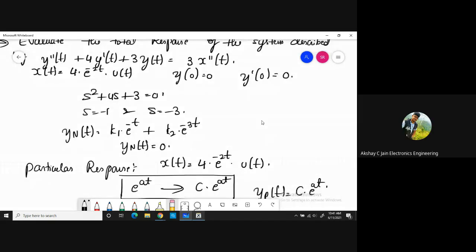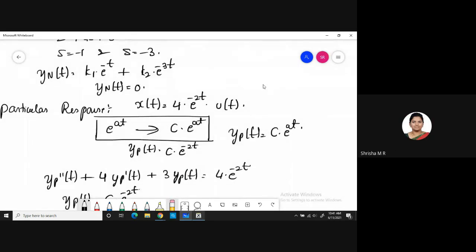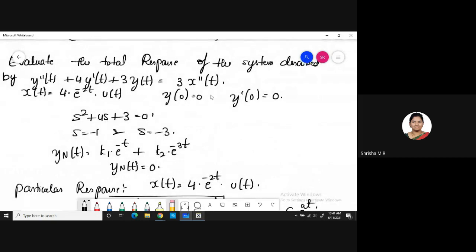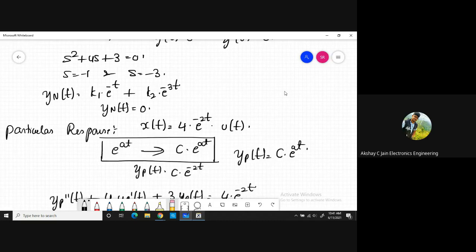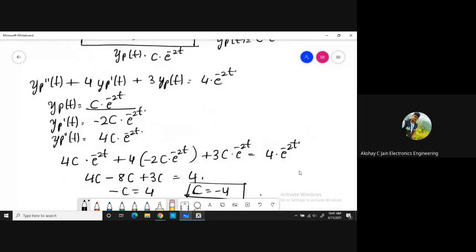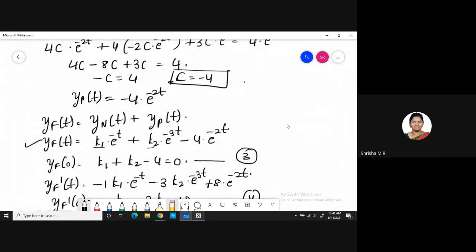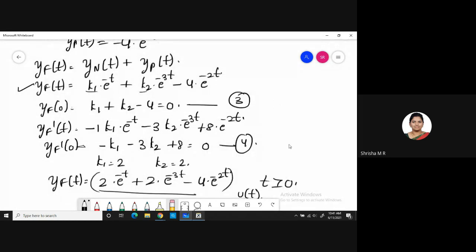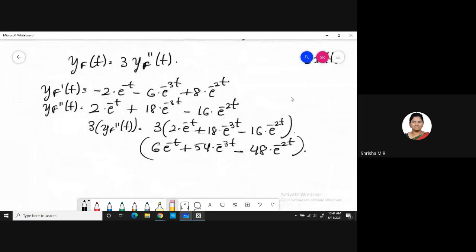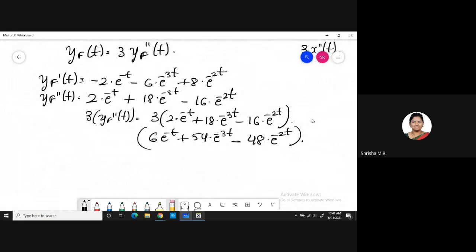In previous problems, any one will be 1. If you have both initial conditions 0, directly you can write k1 is equal to 0, k2 is equal to 0 in natural response. Understood everyone? This problem is for t greater than or equal to 0, or you multiply it with u of t. Done?